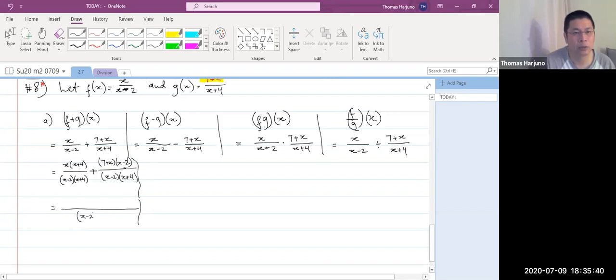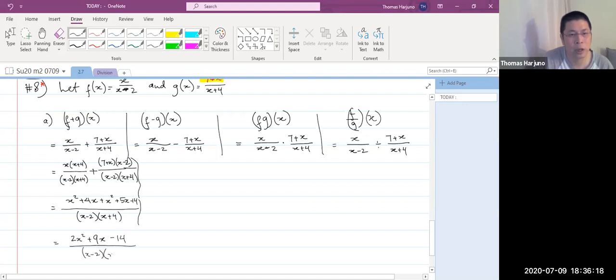Up here we get x squared plus 4x, plus x squared, I will FOIL and distribute at the same time, plus 5x minus 14, which if I combine, I get 2x squared plus 9x minus 14 over x minus 2, x plus 4. That's if I simplify.